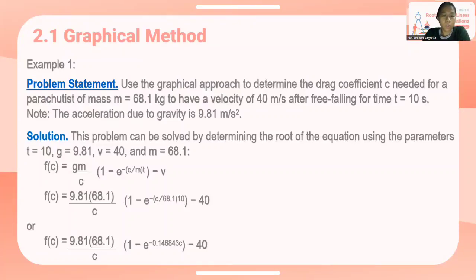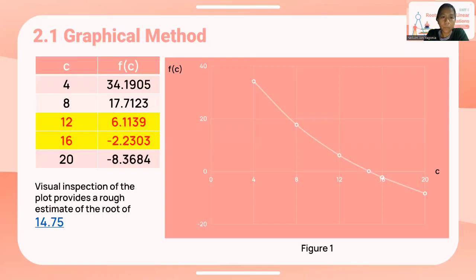We substitute the values into the function of C and arrive at 9.81 times 68.1 over C times 1 minus e to the negative 0.146843 times C, minus 40.